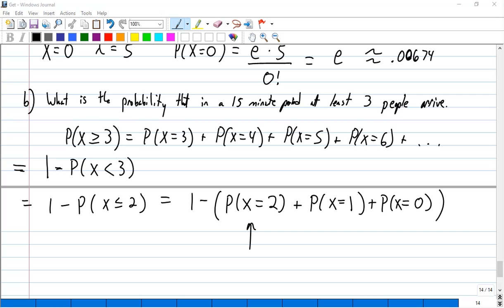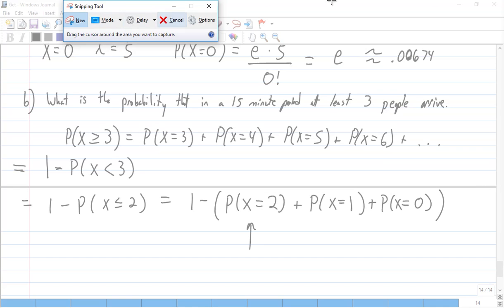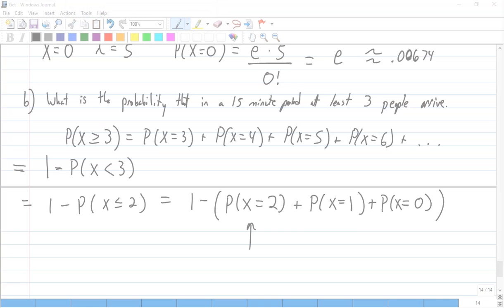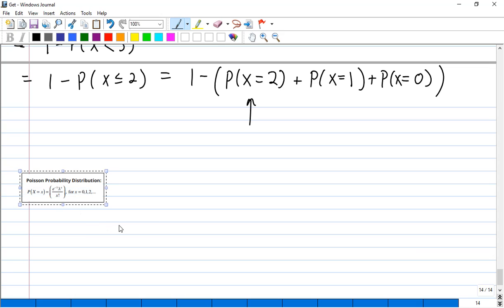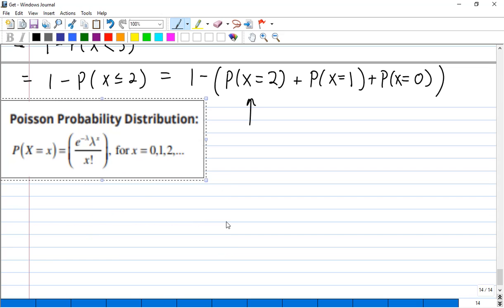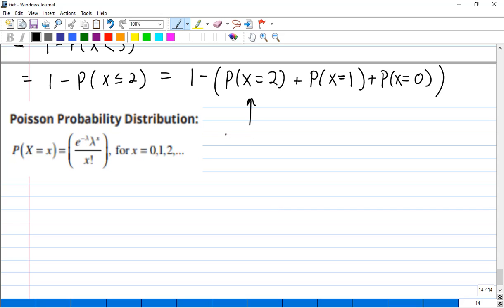I'll copy it down just again so we can look at it and it won't look so crazy. So there's our formula. All right, so we're going to have 1 minus, and then we're going to work it out for 2. It's the same 15-minute interval.